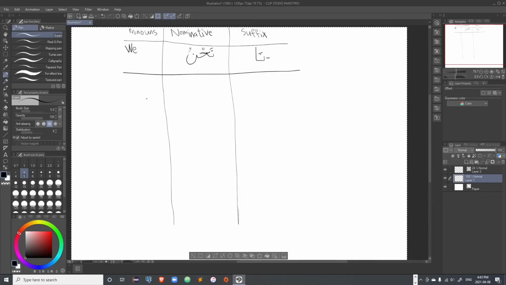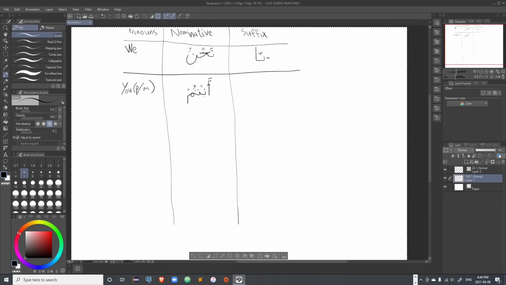Next, we have the second person, but for a group of men. So you, I will write plural masculine, and here it would be antum. Antum.